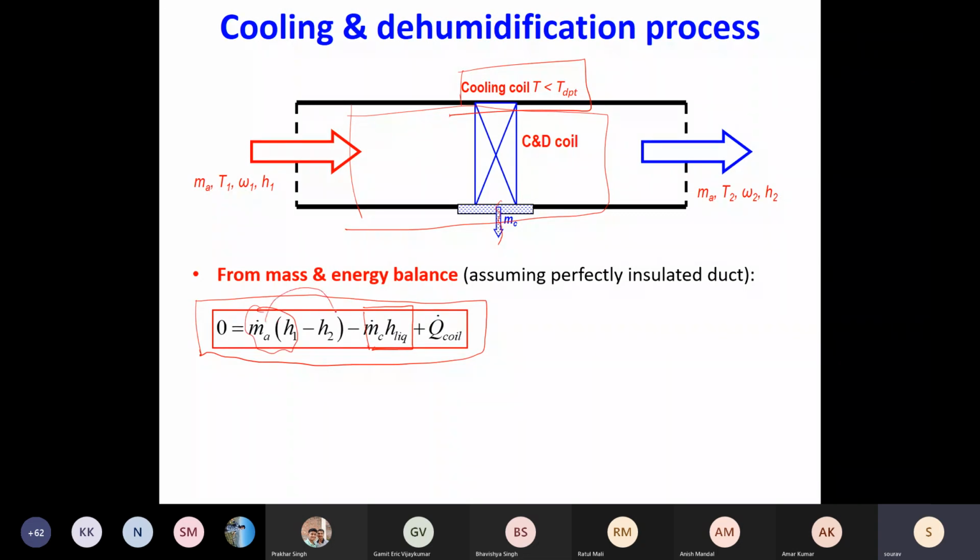Enthalpy going out will be m_a dot into h2 plus the enthalpy of the liquid which collects and is taken out, plus of course the Q coil, that is the cooling coil heat transfer. And the amount of liquid which is condensing is nothing but m_a dot into (omega 1 minus omega 2).